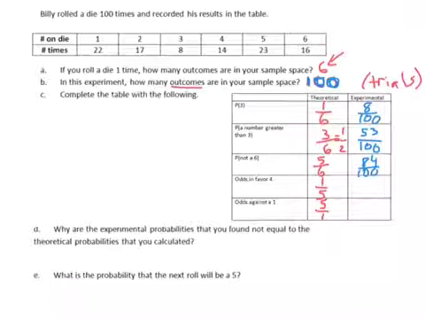All right, odds in favor of getting a 4. All right, there were 14 4s. So 14, but remember this is not out of 100 this time. The denominator will be how many were not 4s. So if we take 14 away from 100 trials, we know there are 86 trials that were not a 4.